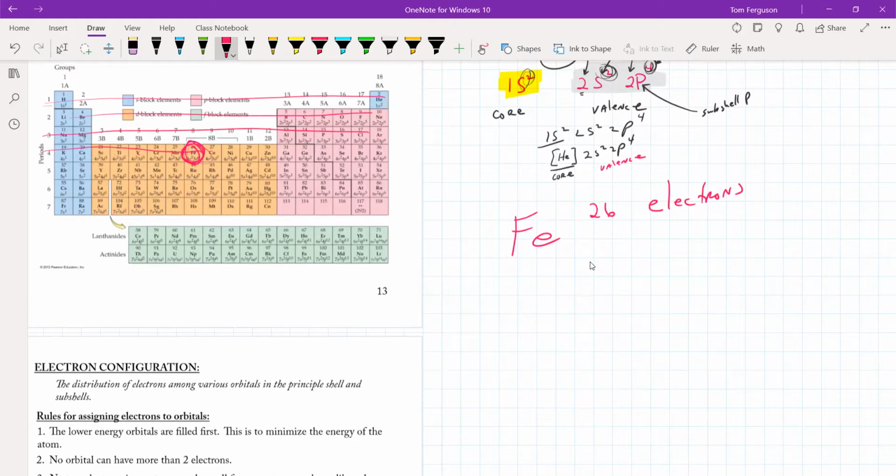So we're going to go 1s1, 1s2, 2s2, 2p6, 3s2, 3p6, and then lastly 4s2, which are the valence electrons now.